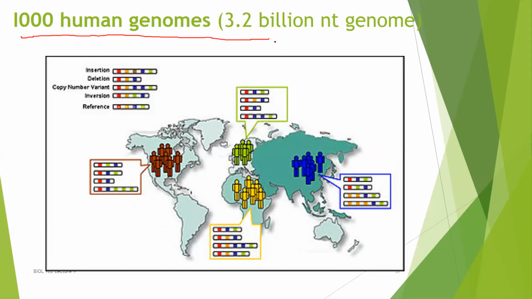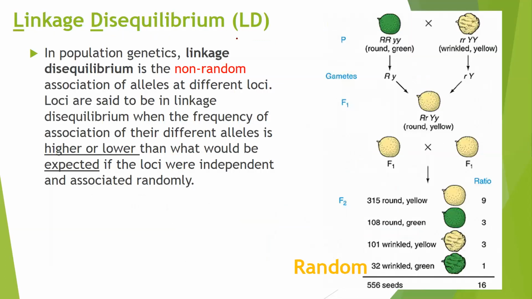In this project, scientists have genotyped more than 1,000 humans across this planet, and by studying this genetic background and haplotype information, we can derive the human history or relationship between different races. So this is another example.